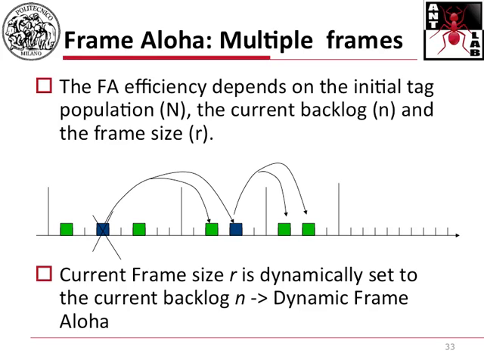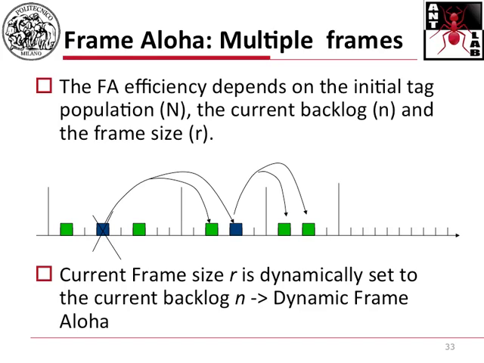Clear? Such that most likely the current frame size is equal to the so-called backlog of unresolved tags. Why so? Because this is the optimal choice on a single frame, on a single frame shot. Okay?